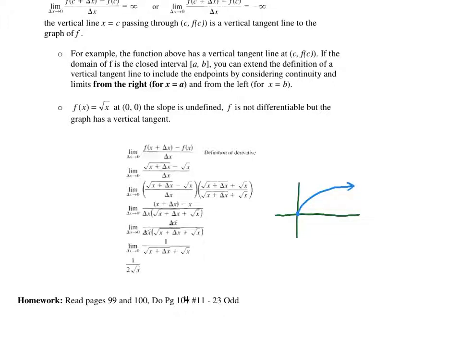You'll notice as I come from the right, the slope of my tangent is getting greater and greater until, as we get closer and closer to 0, it's becoming vertical. So the graph would have a vertical tangent. Okay? Does that make sense? Yes. All right.